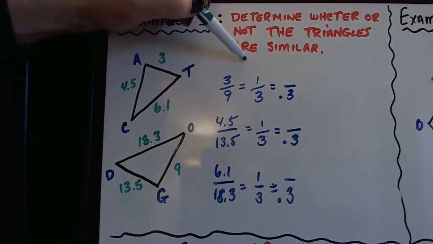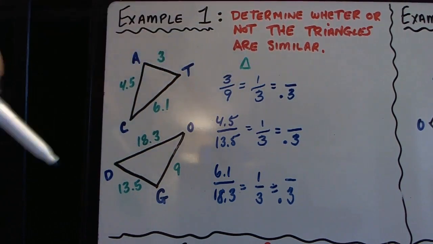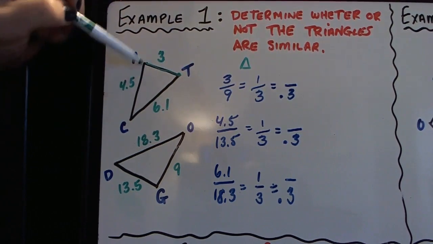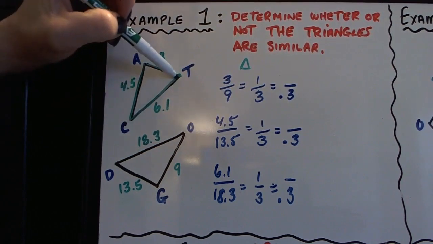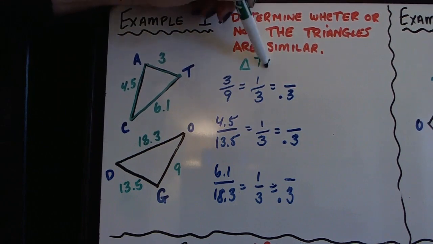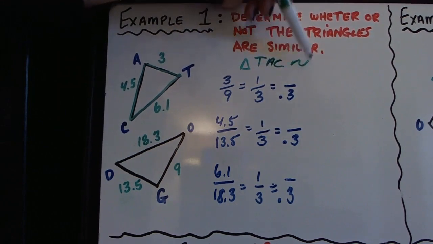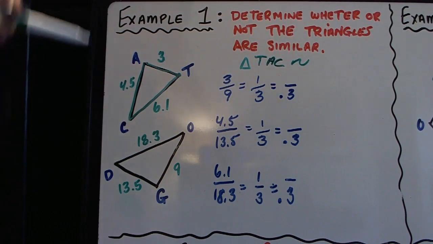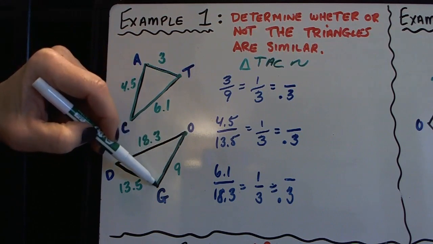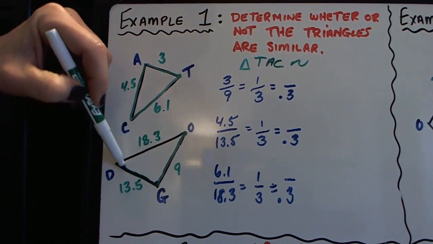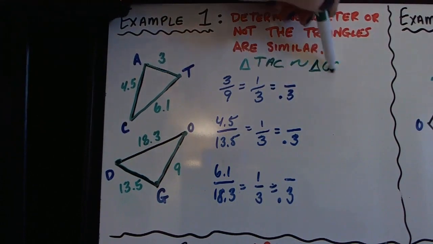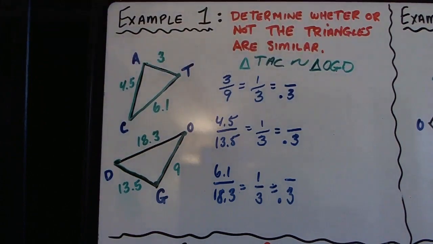If I trace the triangle from small, medium, large, I would say triangle TAC is similar to triangle, and I'm going to go small, medium, large, O to G to D. Okay, example 1.